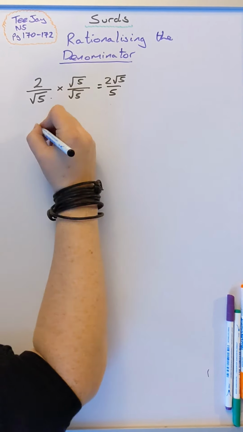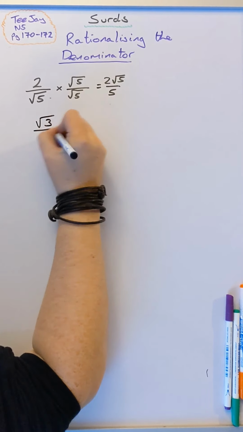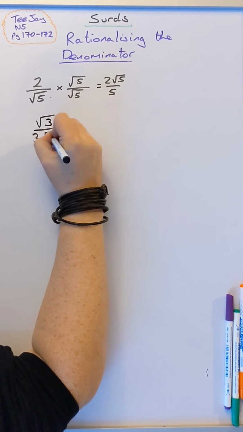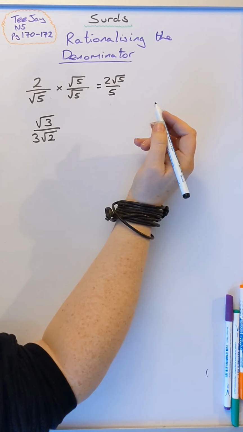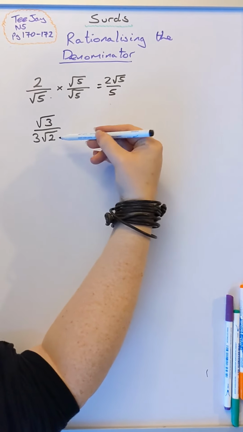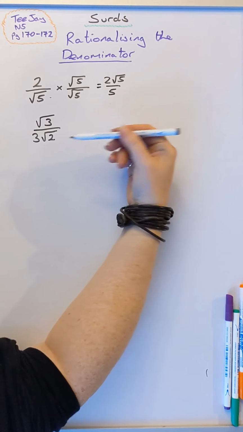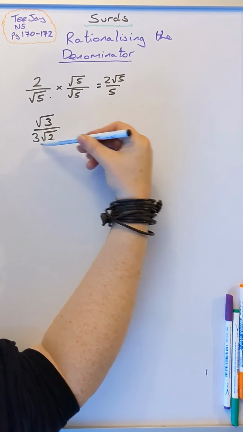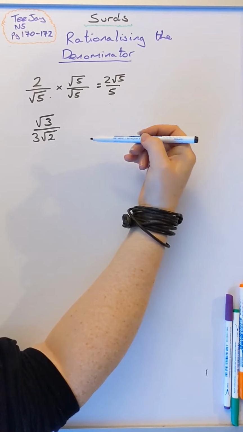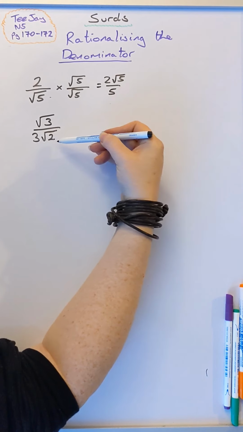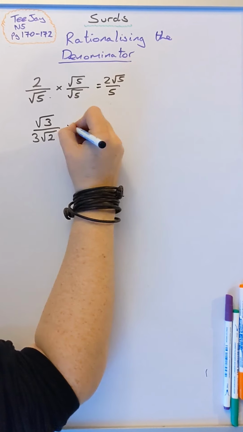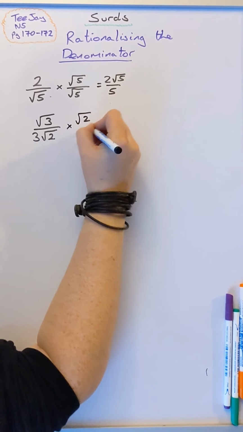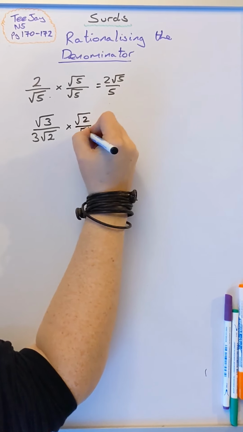If I have root 3 over 3 root 2, now in this case I have two options. I can multiply by 3 root 2, or I can multiply just by the root 2, because the 3 is already a whole number. So I'm going to choose the second option, because it's slightly less work.